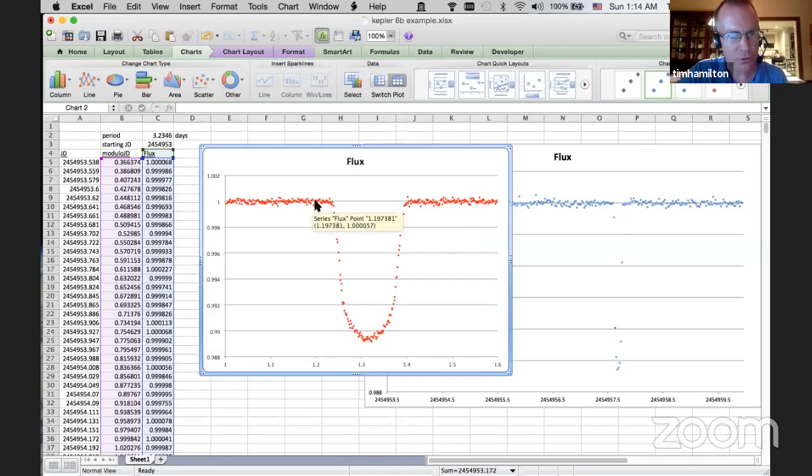I'm going to narrow this a little bit more. Let's go from 1.2 to 1.42.